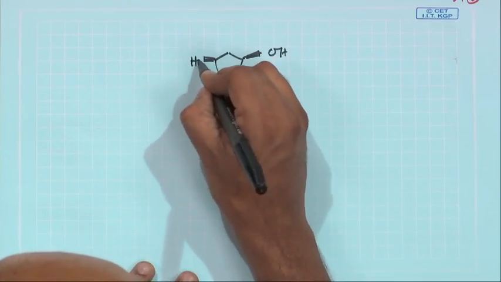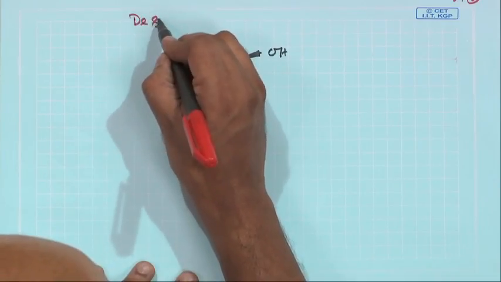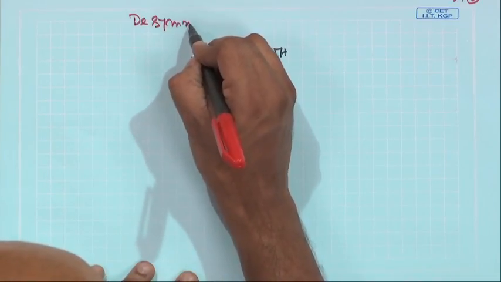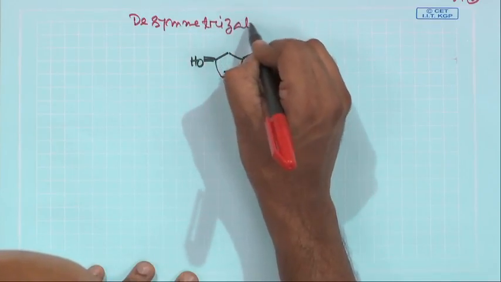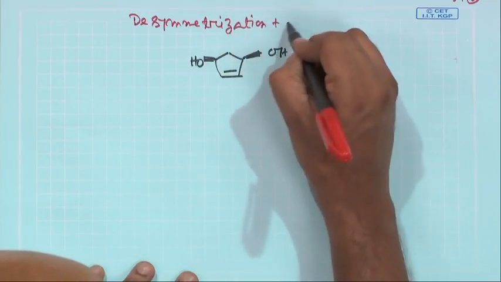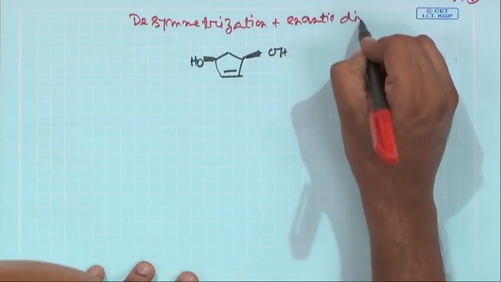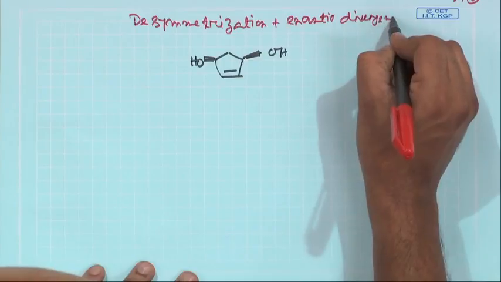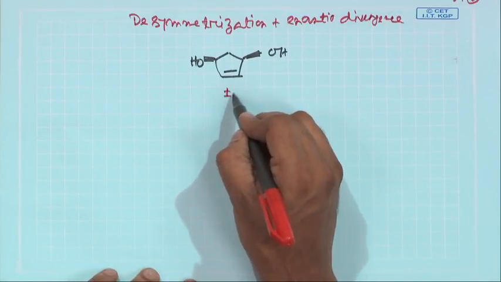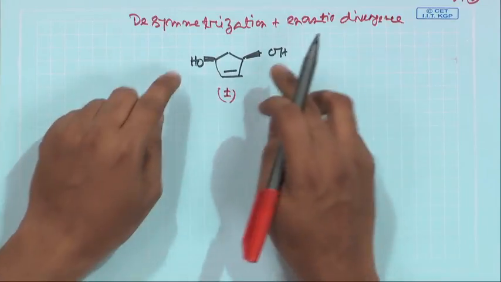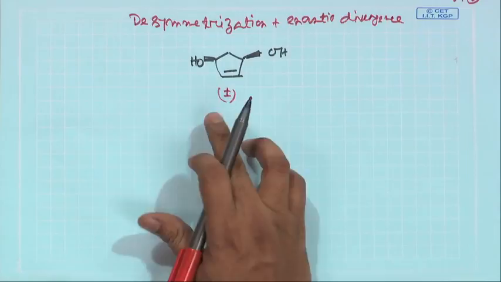Now, this is a very nice example of desymmetrization coupled with enantiodivergence, desymmetrization plus enantiodivergence. The starting material which I have taken is a racemic one, meaning this isomer as well as its enantiomer are present.